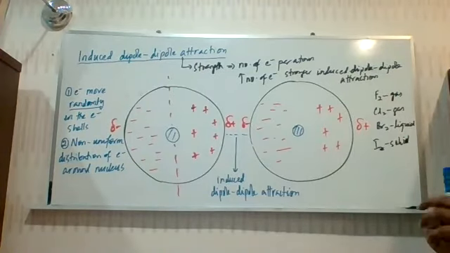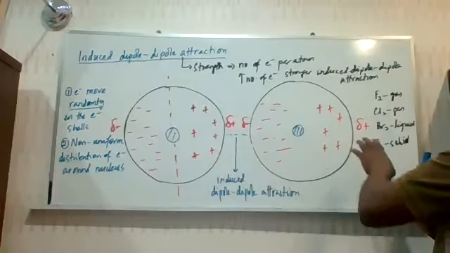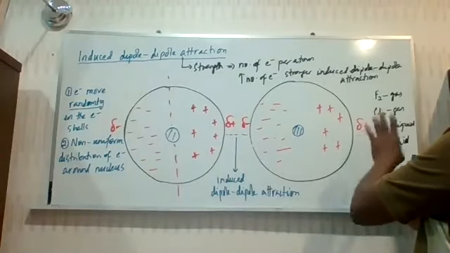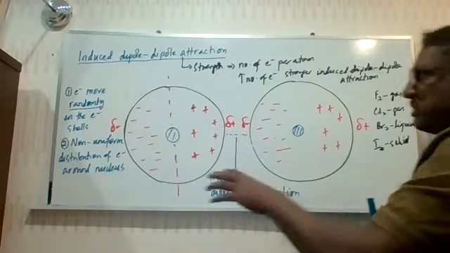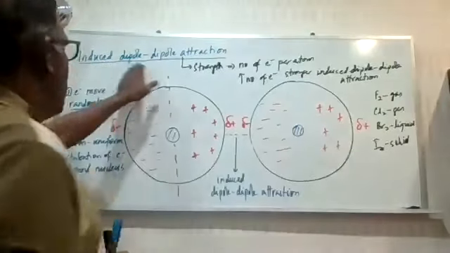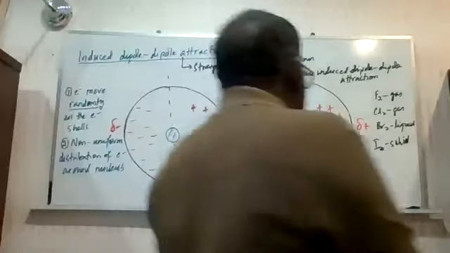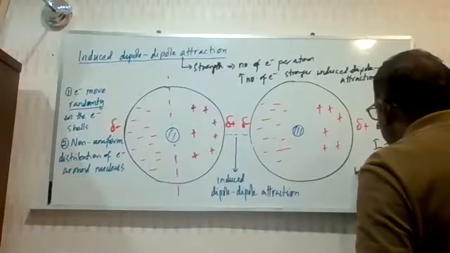We connect it that way. Now we explore the intermolecular forces, and we say that in all of them they are van der Waals forces as a result of induced dipole-dipole attraction, because none of them have permanent dipoles.